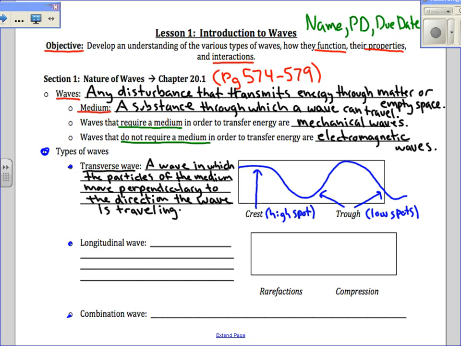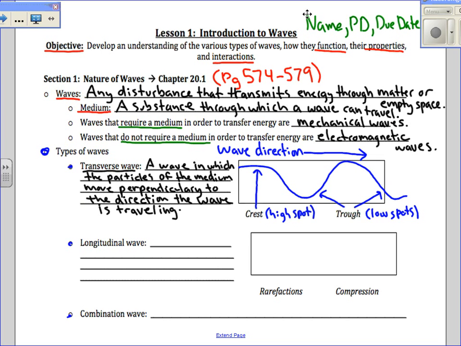Now, like I'd said before, this is basically like if you were holding a rope and shaking it up and down. Now, like we said, the wave is moving in this direction. So this is the wave direction. But the particles are moving at right angles to which the wave is traveling. They're moving up and down. So that is a transverse wave.